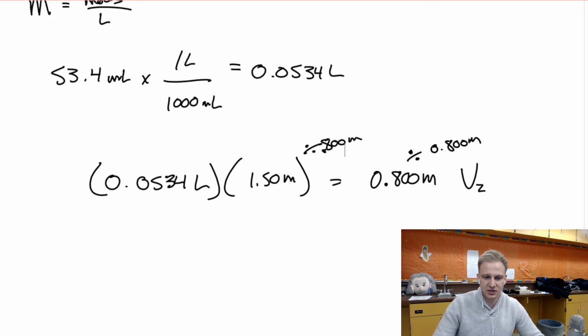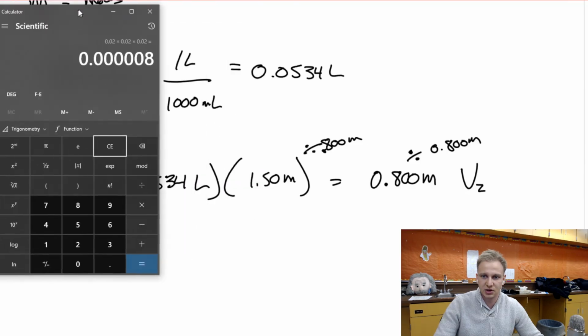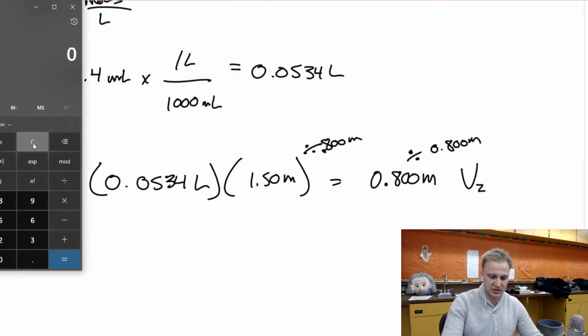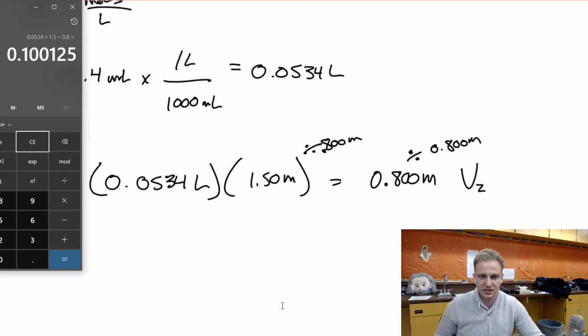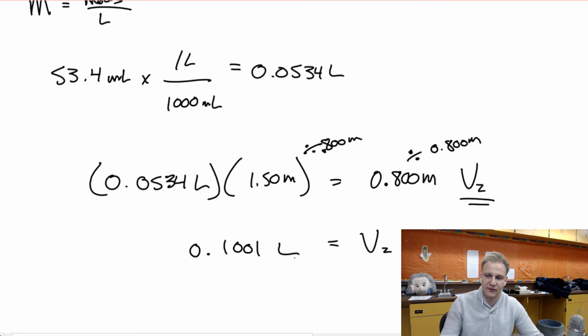I'll throw up my calculator on the screen here. We take 0.0534, multiply that by 1.5, and divide that by 0.8. When we do, we get 0.1001. Because we're solving for this volume, we would assume that the units are liters, and in fact they would be.